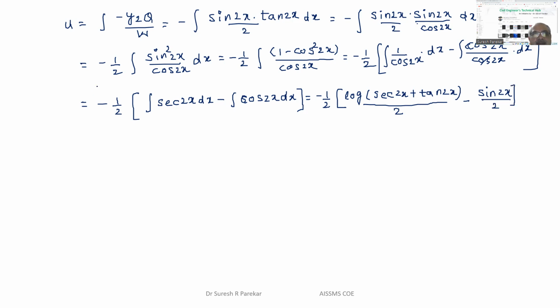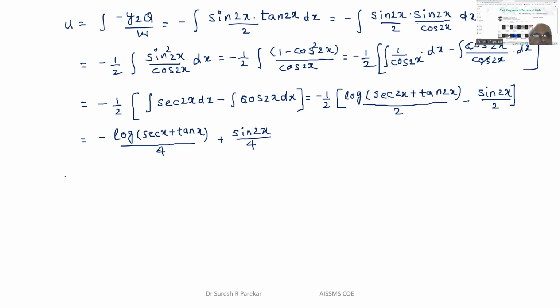And then from this we get that U is equal to minus log of sec 2x plus tan 2x upon 4, plus sin 2x upon 4.